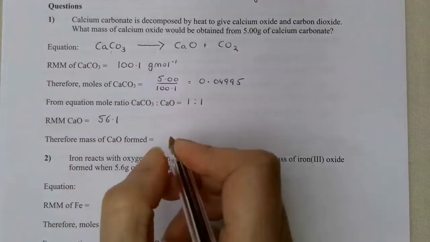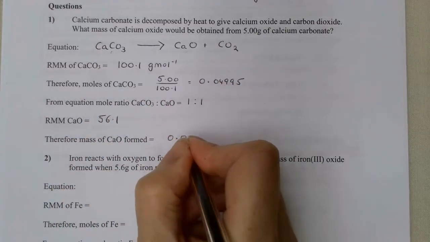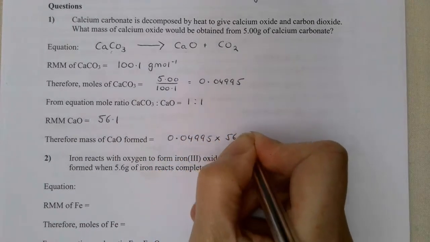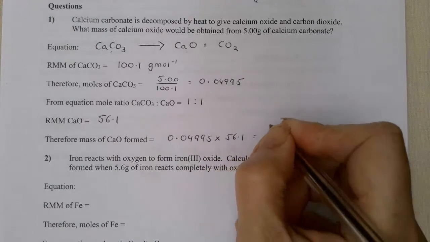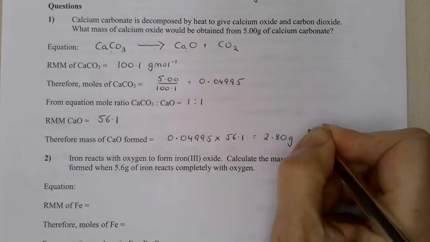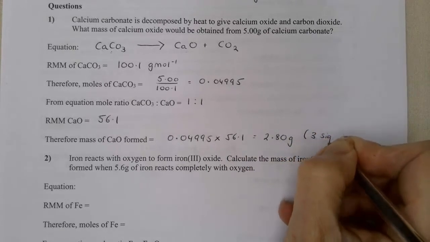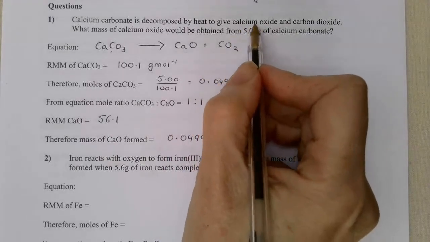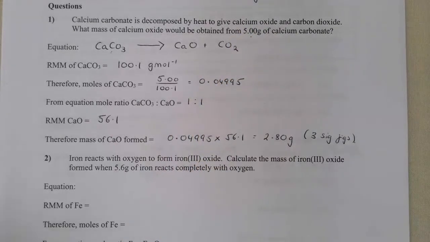Therefore, the mass is my moles, 0.04995 times 56.1, and that gives me 2.80 grams. And I'm giving my answer to 3 sig figs because my data is given to 3 sig figs.